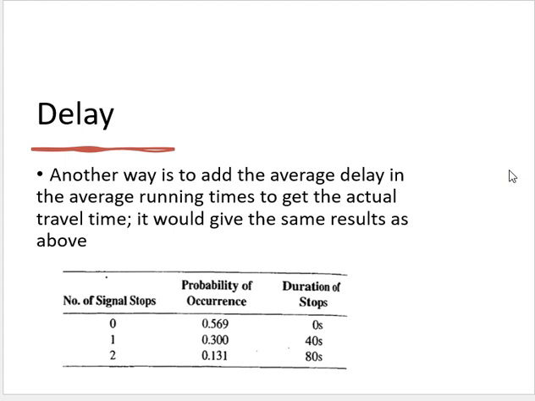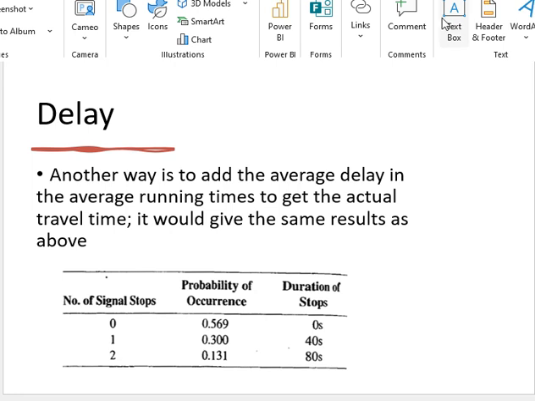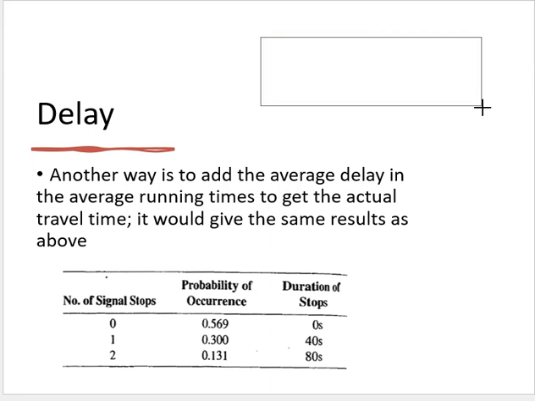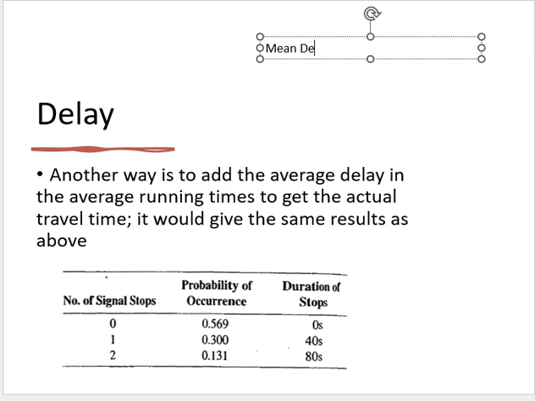So I will use the delay and its chance. So the mean delay in this case will be the product of the value of delay and its chance. The value of delay, first one is 0, right?